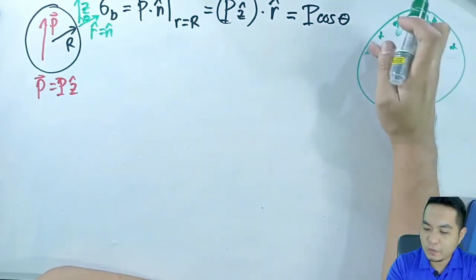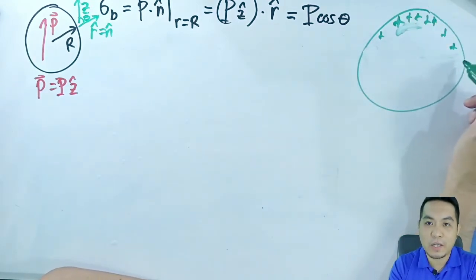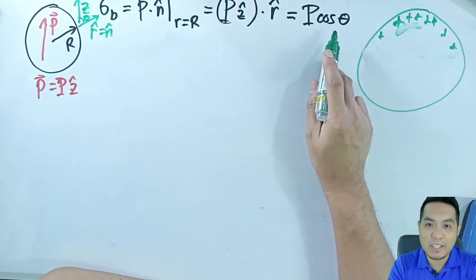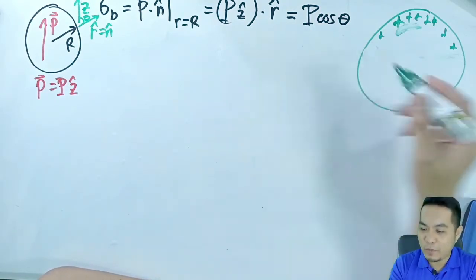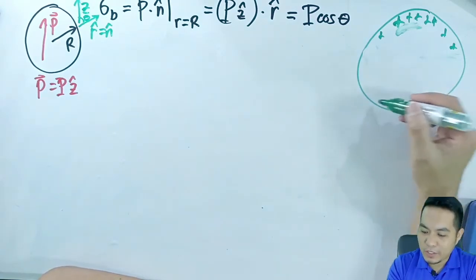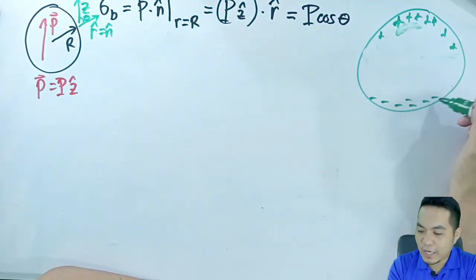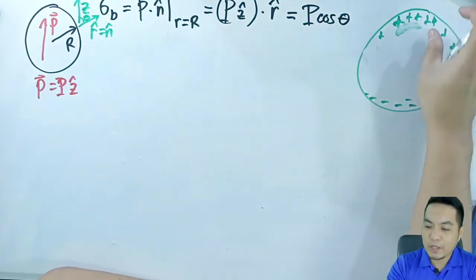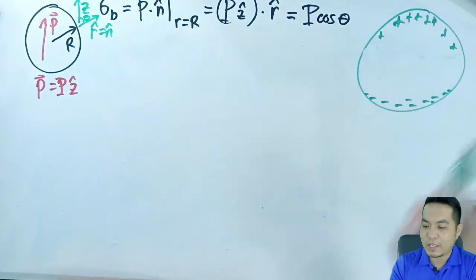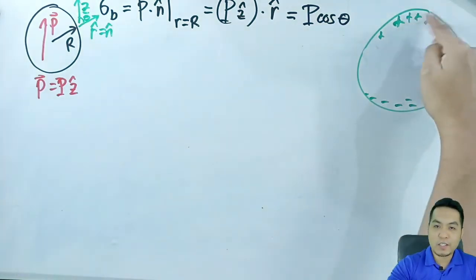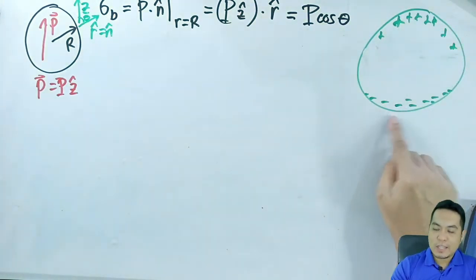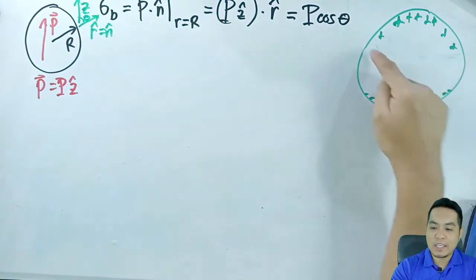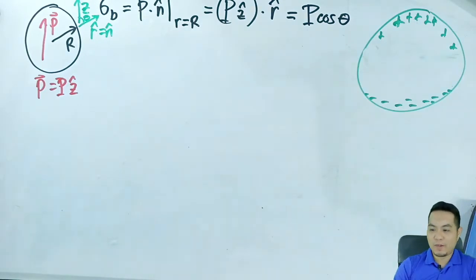When theta is equal to 90 degrees, cosine of 90 degrees is 0, so there are no longer any surface charges. This is the 90 degree location. And when theta is equal to pi, 180 degrees, cosine is negative 1, so negative p, meaning there will be negative charges concentrated at the south pole. So this is the picture of the surface bound charge density: positive charges on the upper region, negative charges on the lower region, and no charges at the equator of the sphere.